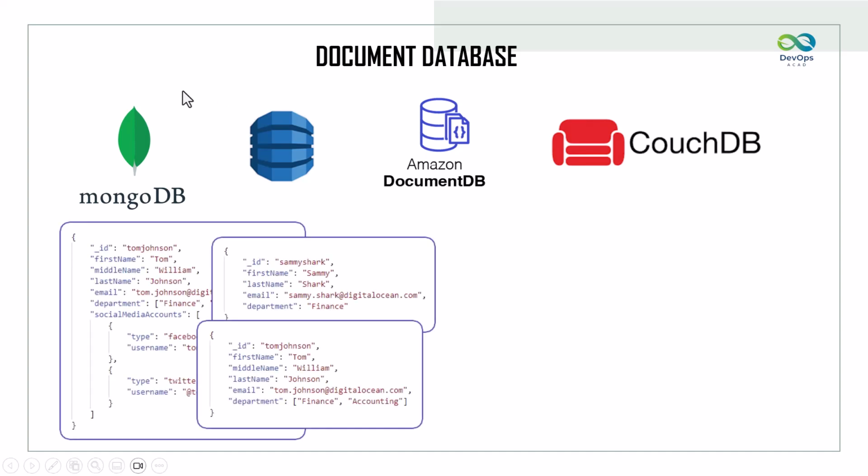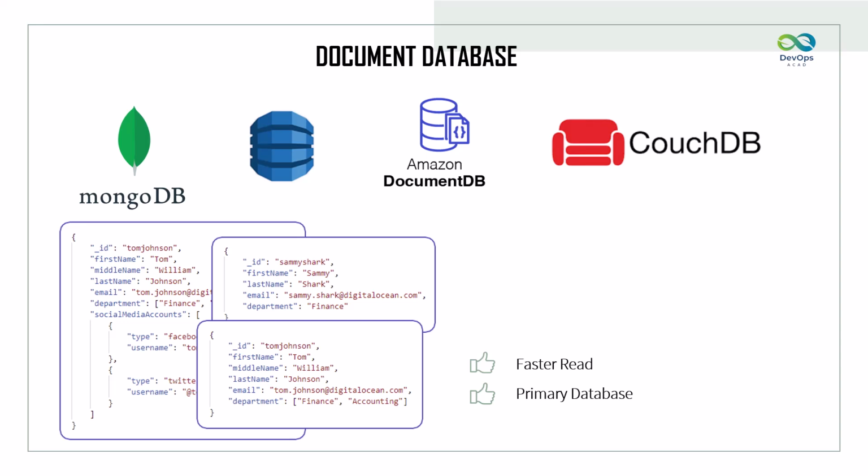Now, the document database is also a NoSQL database, and it also follows the same key value pattern, like we've seen in the other databases that we considered. So let's take a look at some of the advantages. One of the advantages is that it offers faster reads. It is very fast when it comes to reading that database, and you can also use this kind of database as a primary database.